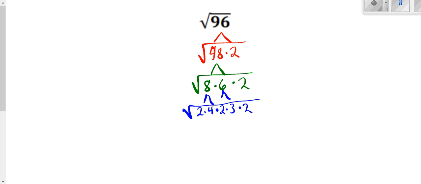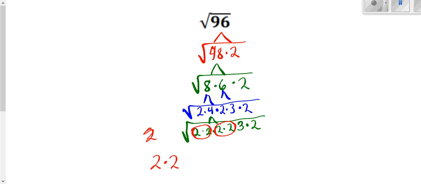Okay, so I'm going to start taking out some of the pairs that I can see here, and I'm not actually quite done, so let me go ahead and finish, because you can see right here I've got a perfect square. So I'm going to break that down so I don't forget about it. Okay, so now I should have all of it broken down into its prime factorization. And I have a pair of 2's here and a pair of 2's, so I'm taking out 2 pairs of 2's. So I'm taking out 2 times 2.